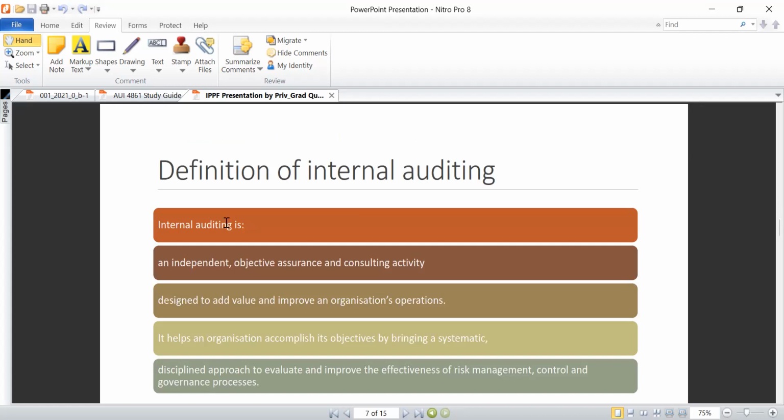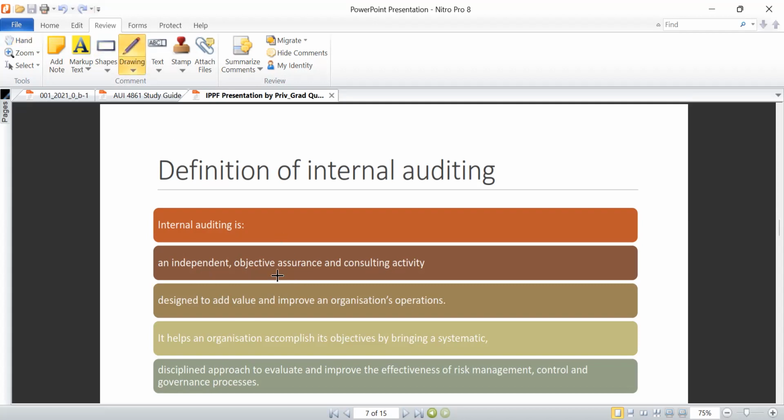So the definition of internal auditing will be the first element of the IPPF framework that I'll take you guys through. Now, this you just need to know, like I said, for MCQ questions, most probably. So the definition of internal auditing can be defined as follows. It's basically an independent, objective assurance and consulting activity.